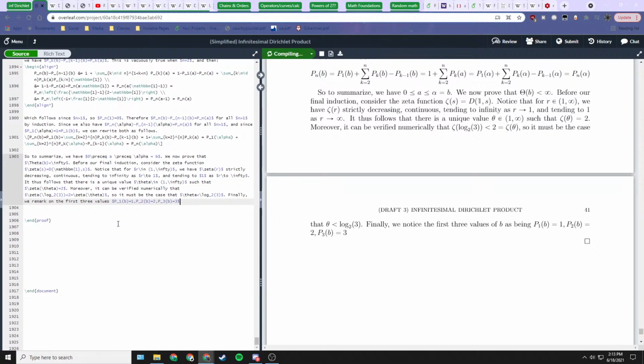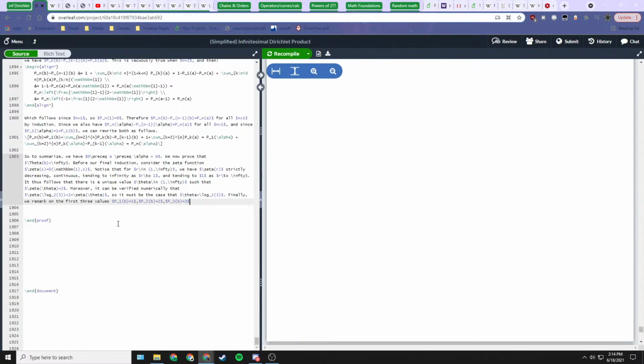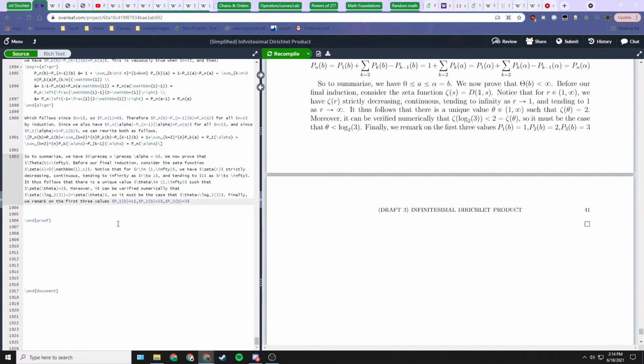P sub 1 of b is 1, p sub 2 of b is 2, p sub 3 of b is 3. Let's separate these better with commas so it doesn't give us a nasty line break. Interesting.